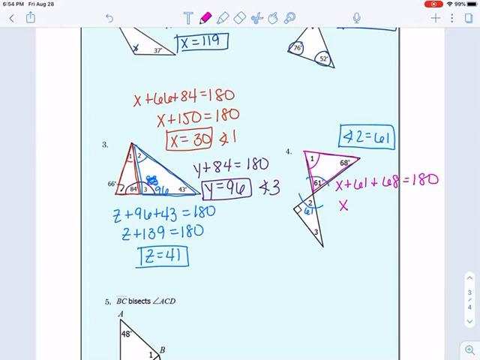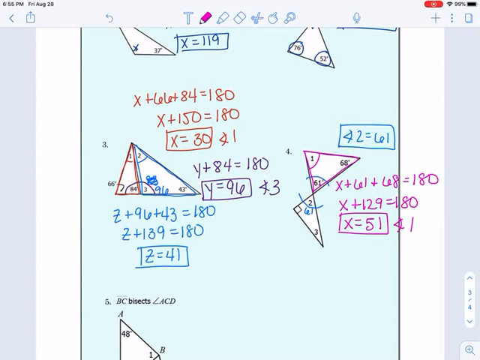So I'm going to have x plus 129 equals 180, and then I'll subtract 129 from both sides, and that should give me an answer of 51. So 51 will be the measure of your angle 1.